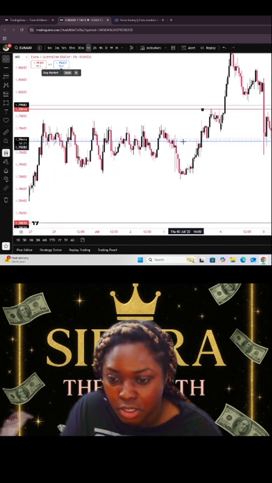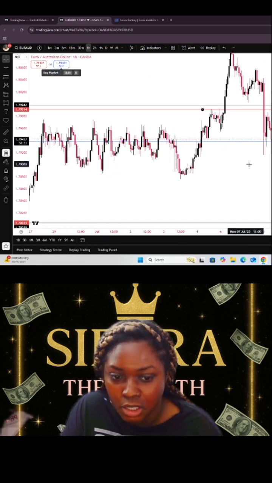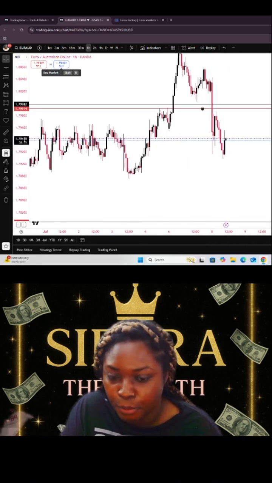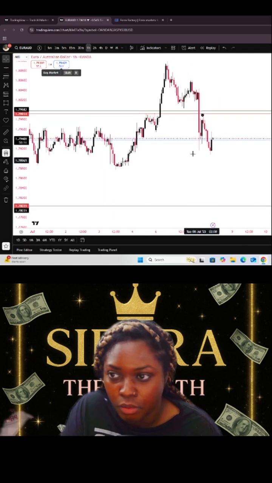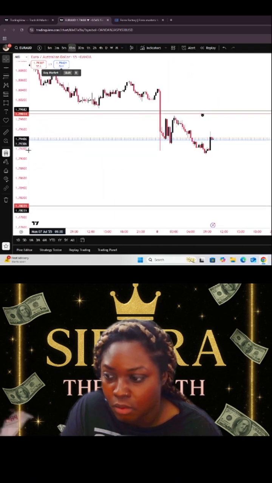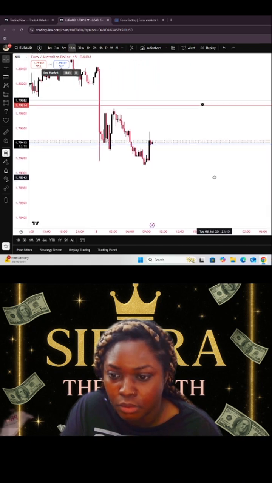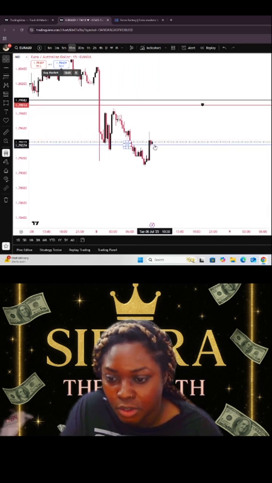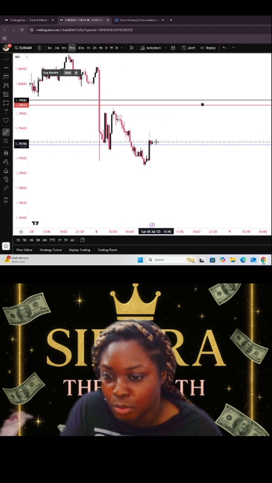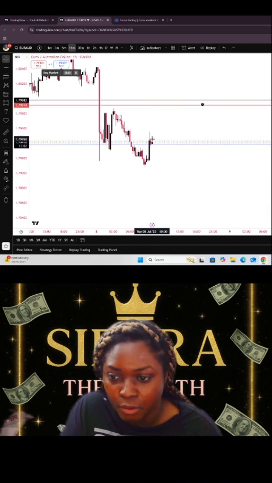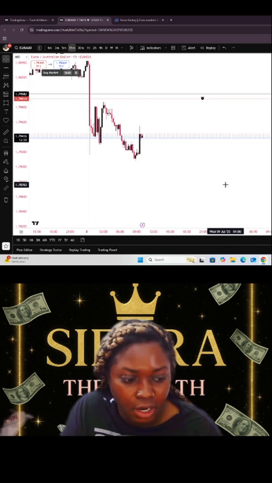But as you can see over here to the left, we got a lot of hesitation in this area. So now we'll see if we'll continue to get an impulsive move up. Still a nice 50 pips up. If we're going to get a move up, or if we can sell from this area.